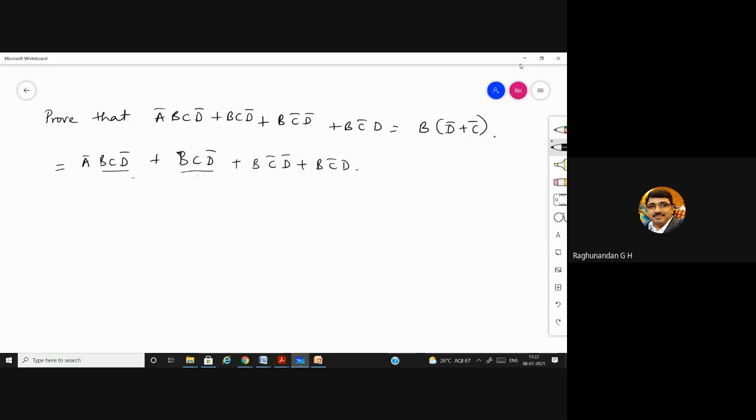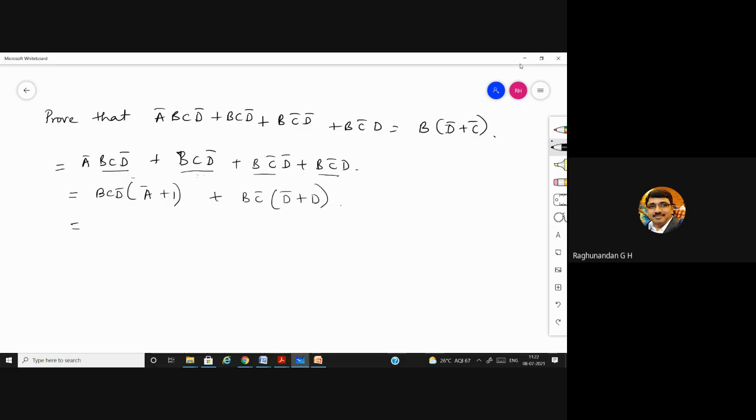Now when you look into these two, anything common? BC bar. So take BC D bar into (A bar plus 1), plus BC bar into (D bar plus D).